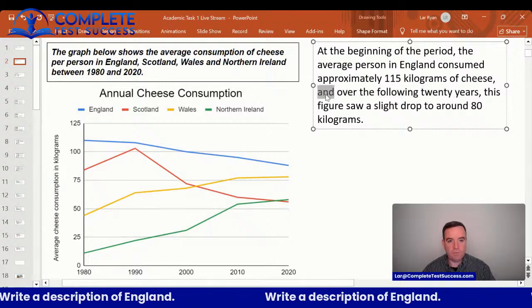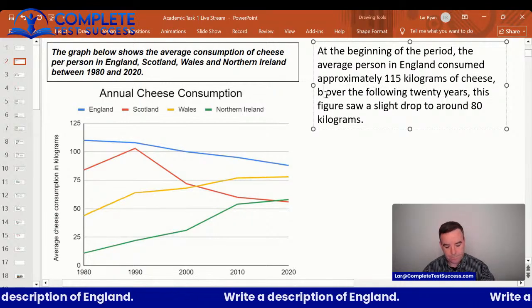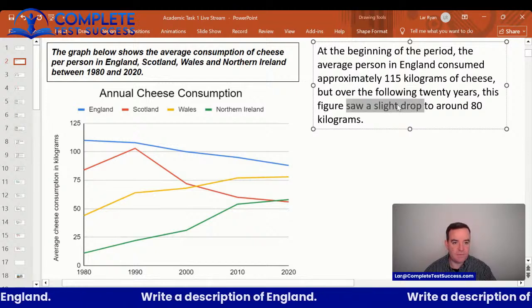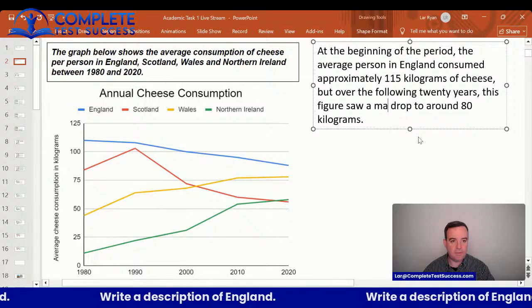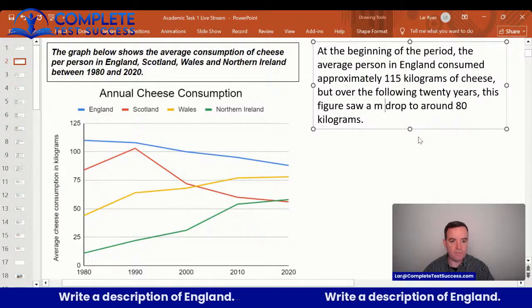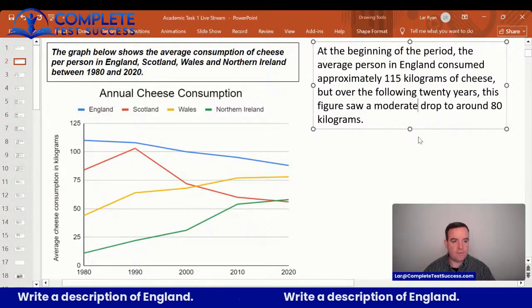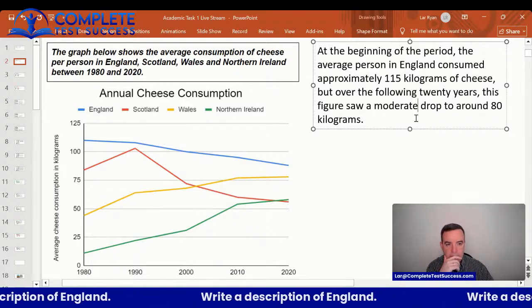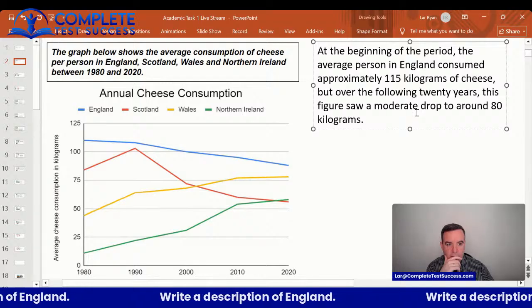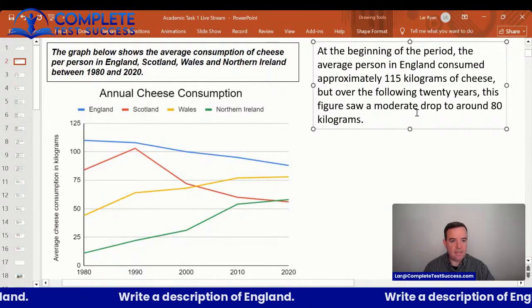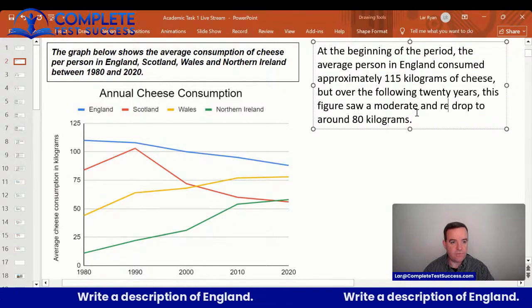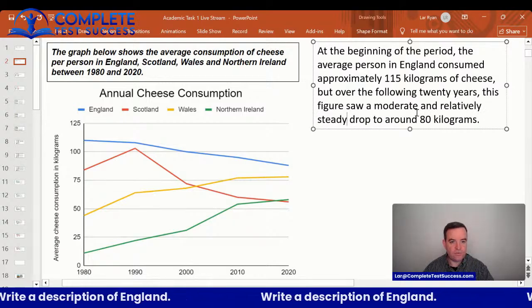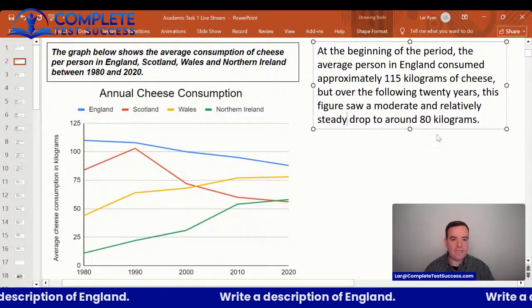Okay, and I suppose it should be but because it decreased. But over the following 20 years, this figure saw a slight drop. So I'm going to say a marginal drop, or maybe a moderate drop to around 80 kilograms. Now, I want to say that it was quite steady. So let's say a moderate and relatively steady drop to around 80 kilograms.